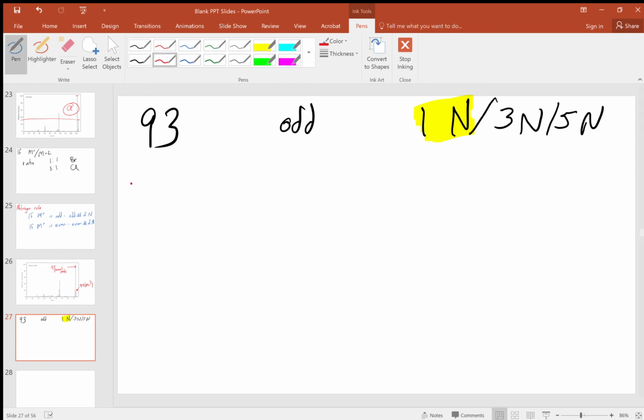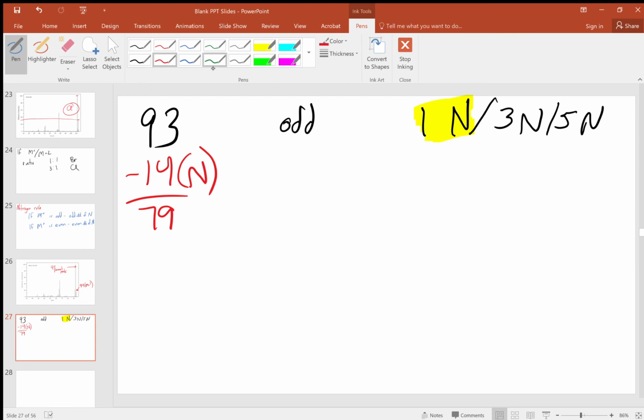So I'm going to start with our 93 here and subtract out 14 to get to 79, because that's what's left after we subtract out 1 nitrogen. And then I'm going to make the assumption that everything else that's left in this molecule is carbon and hydrogen.